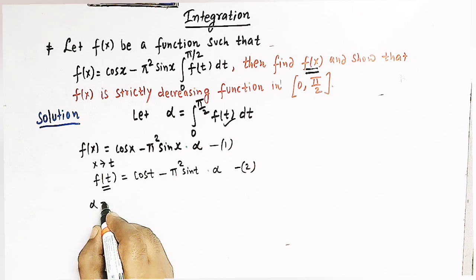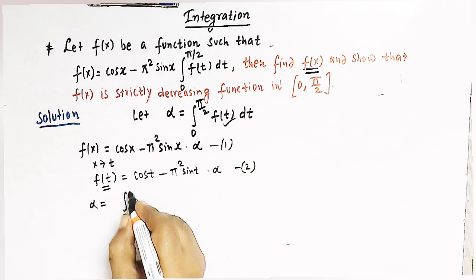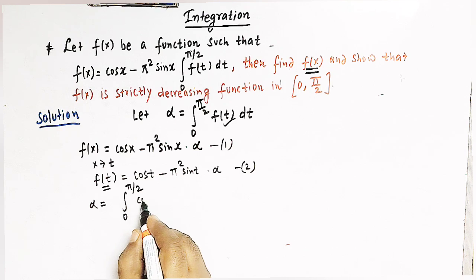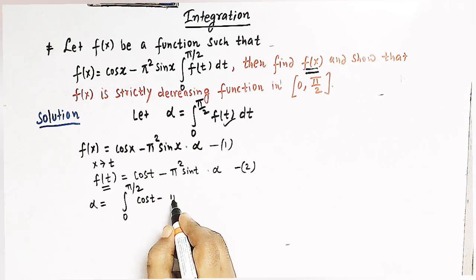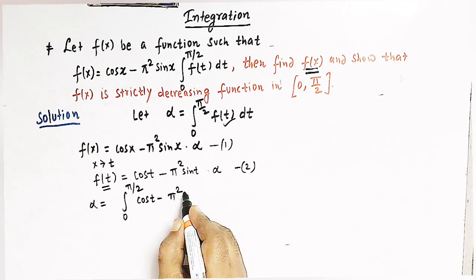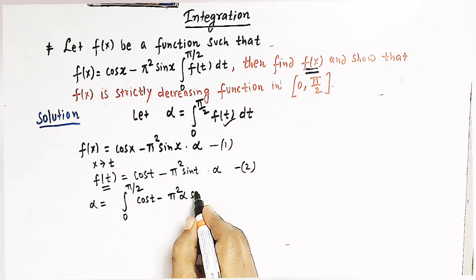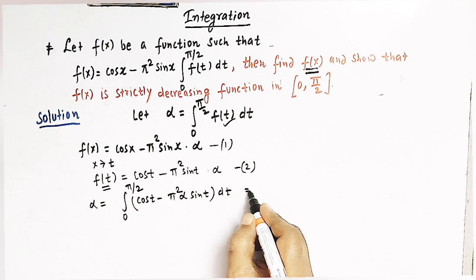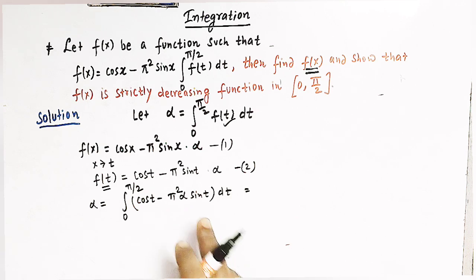So we can now write alpha is equal to integral 0 to pi by 2, and for f of t we can now write cosine t minus pi square. We can take alpha in front of sine t. So here we have alpha, and then we have sine t, and here we have dt. So now we have to evaluate this integral.